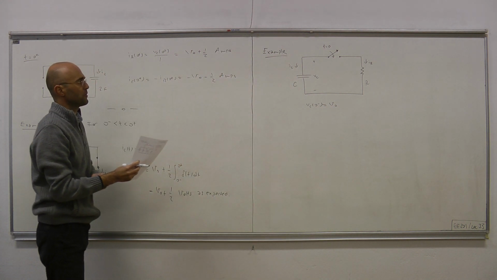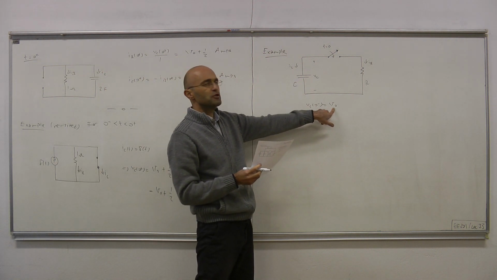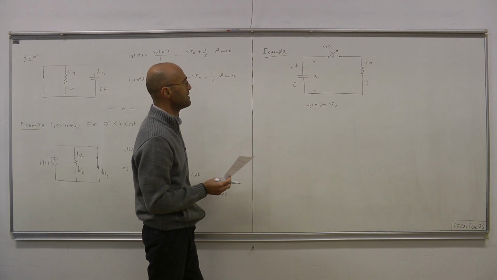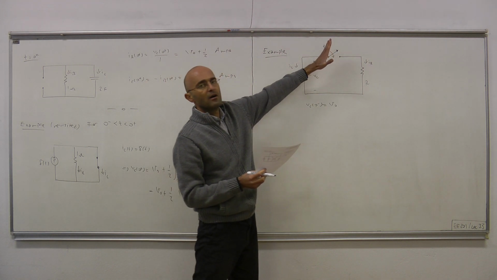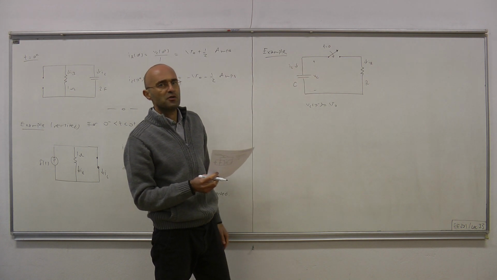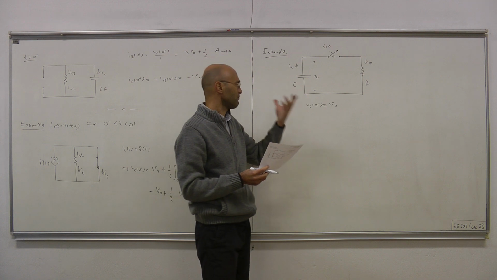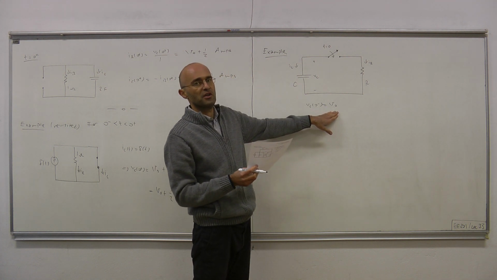Initially the capacitor is charged and it produces some voltage which we're denoting by V0, and since the switch is open, the current is zero. Current zero means that the voltage is fixed, so the capacitor is waiting at this constant voltage V0.